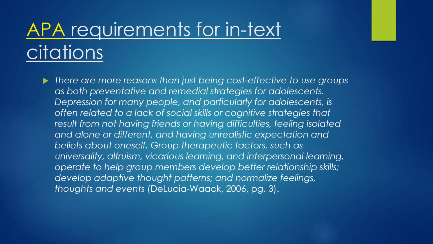Group therapeutic factors such as universality, altruism, vicarious learning, and interpersonal learning operate to help group members develop better relationship skills, develop adaptive thought patterns, and normalize feelings, thoughts, and events.